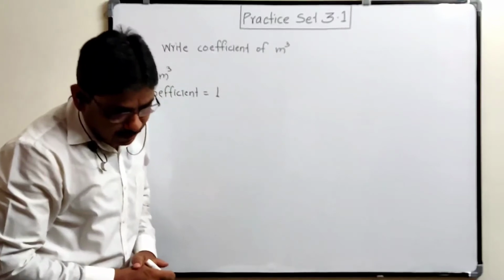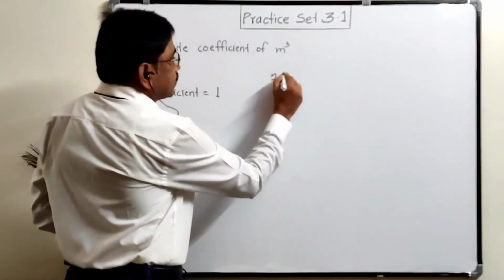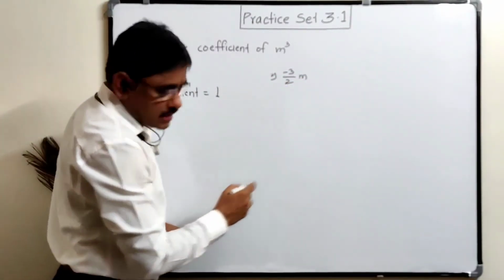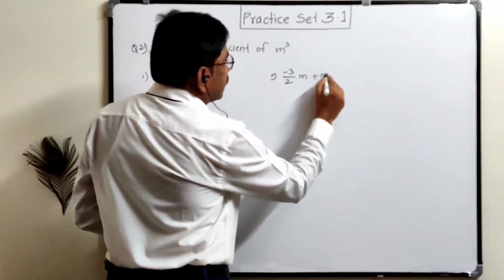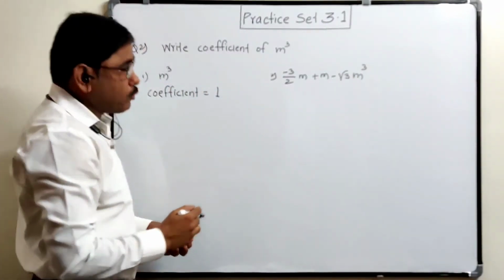Then second example is minus 3 by 2 m plus m minus root 3 m cube. So what is the coefficient?